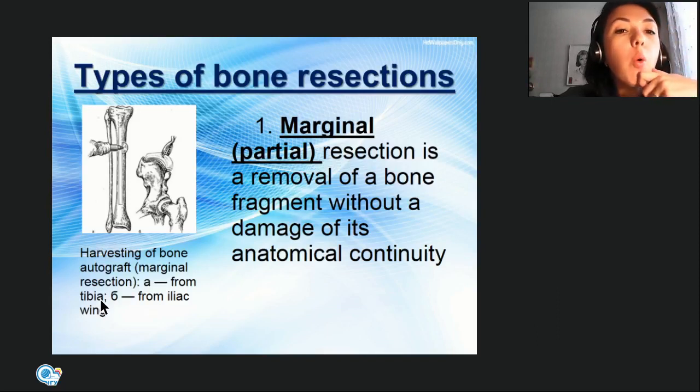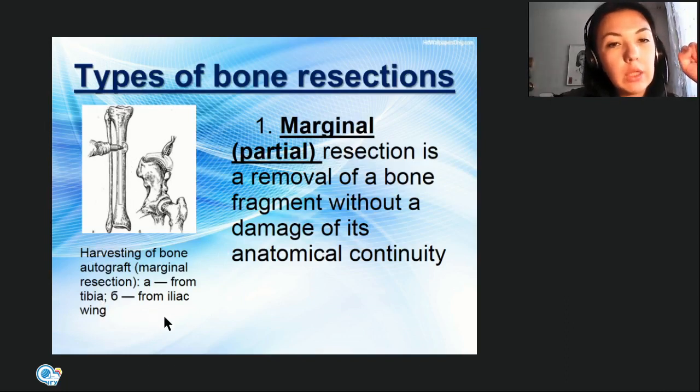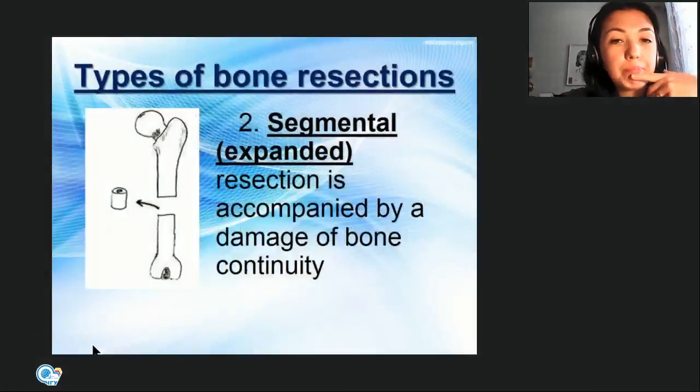Or we can use it to harvest an autograft. As I told you, we can use part of the fibula, or part of the tibia, like in this diagram you can see, or we can take a wing of the ilium as an autograft to substitute the rib.